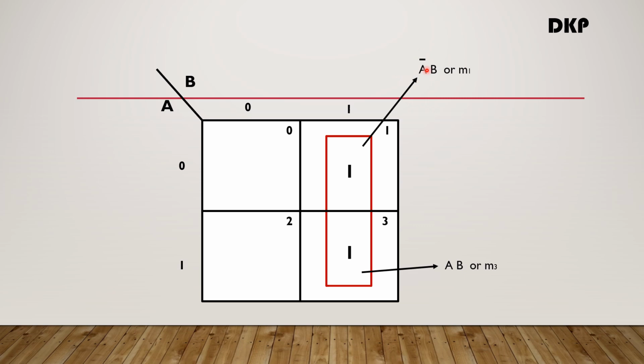Here the first variable is changing from a bar to a, and the second variable b is constant. So we can eliminate the first variable and retain the second variable. Therefore, F3 is equal to b.